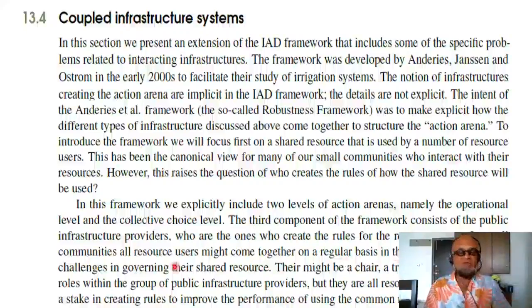In small communities, all resource users might come together on a regular basis in the evening to discuss the challenges in governing their shared resource, like a village level irrigation system or some such thing. There might be a chair, a treasurer, and some other roles within the group of public infrastructure providers, but they're all resource users and thus have a stake in creating rules to improve the performance of using the common resource.